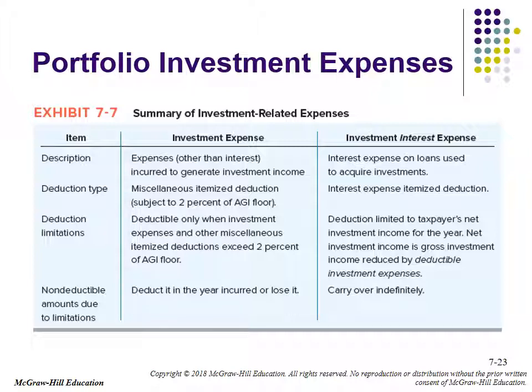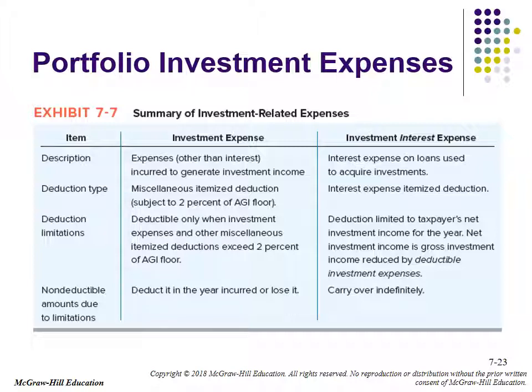Okay? Investment interest expense is different. This is interest expense on loans used to purchase these capital assets, these investments. So a taxpayer goes to the bank, borrows money to buy stock in a corporation or bonds or a piece of land to hold as an investment. Interest expense on these types of loans is generally allowed as an itemized deduction, but there's a limitation.